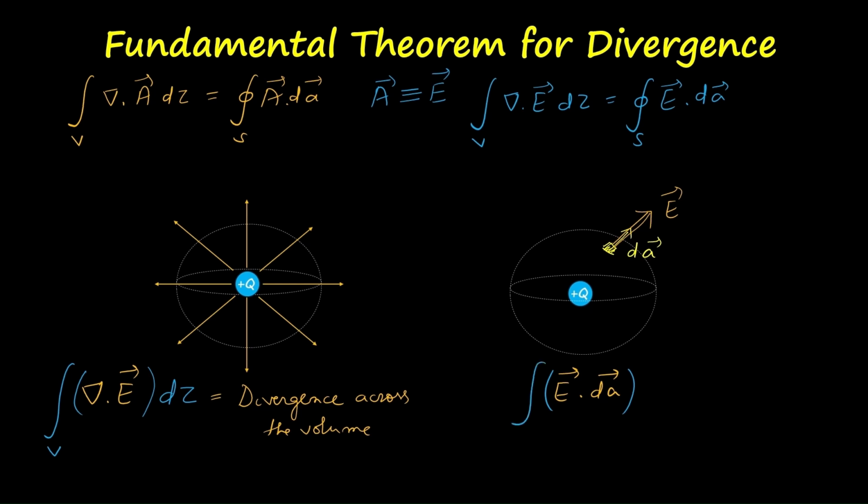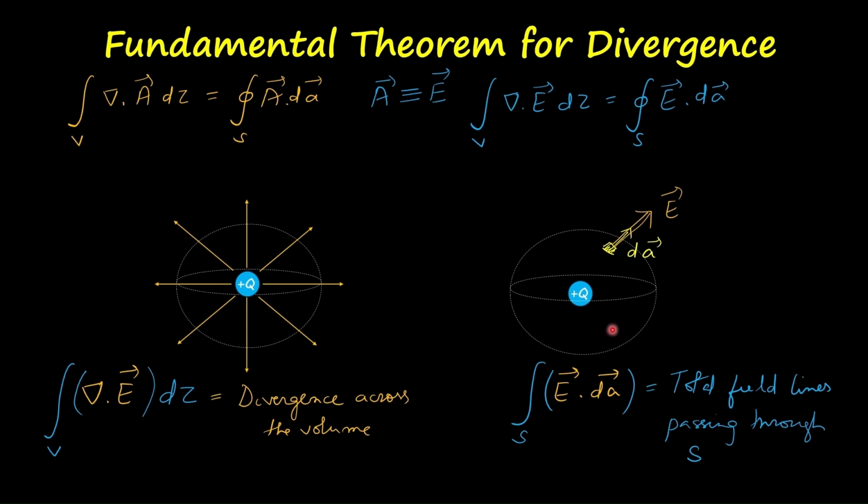Now, if I integrate this about the surface, then I will get the total field lines passing through the surface S. Now, here we concluded that the electric field lines which are contributing to the divergence pass through the outer surface.